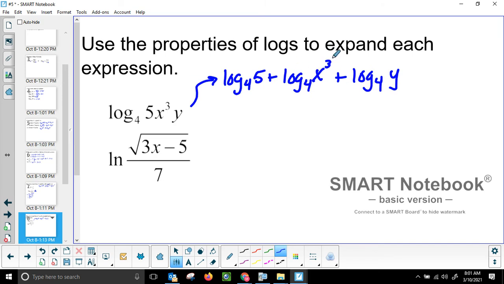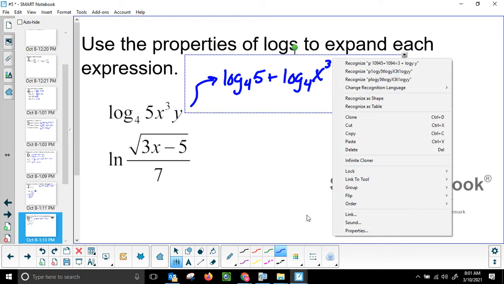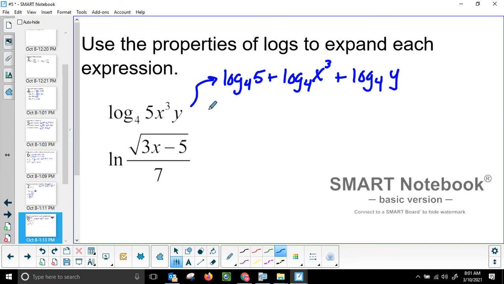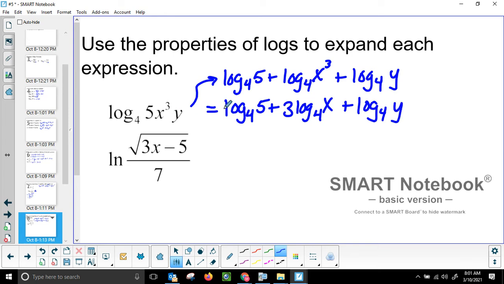Of course, now I can take this exponent and bring it out front as a multiplier. So I will have log base 4 of 5 plus 3 log base 4 of x plus log base 4 of y. So now this is fully expanded. I'm done.